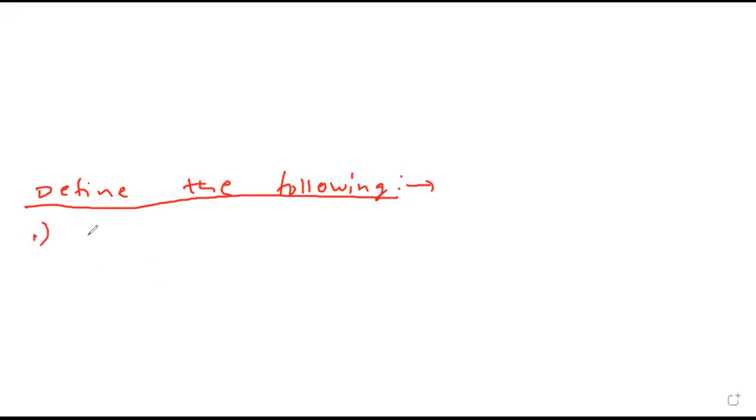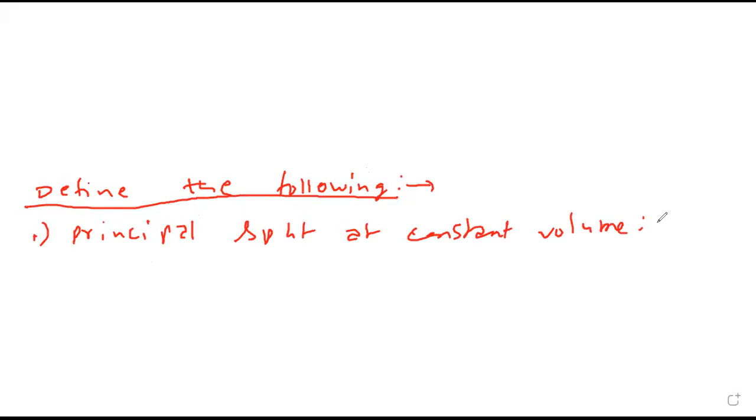First, principal specific heat at constant volume. Same as the specific heat capacity definition, we have to start with minor changes.